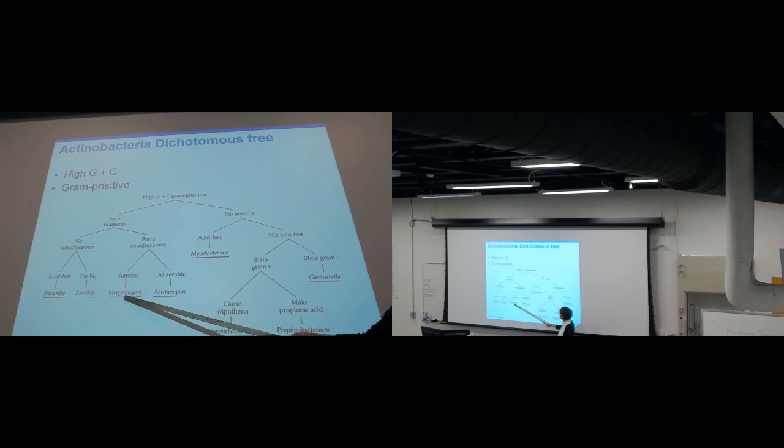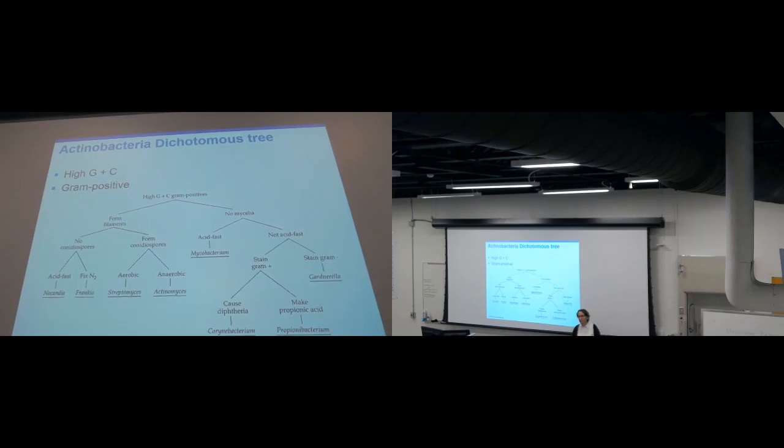If it's an aerobe, it will be Streptomyces. If it's an anaerobe, it will be Actinomyces. And then for the ones that don't form mycelia, they can either be acid-fast, like Mycobacterium, or not acid-fast.